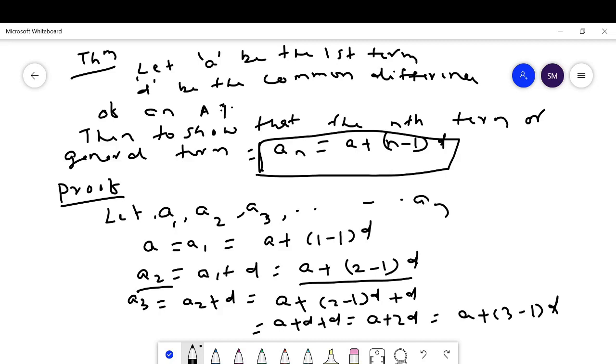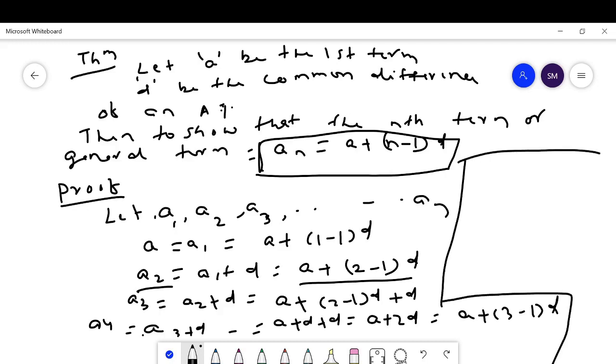In this way, the fourth term A4 can be written as A3 plus d.